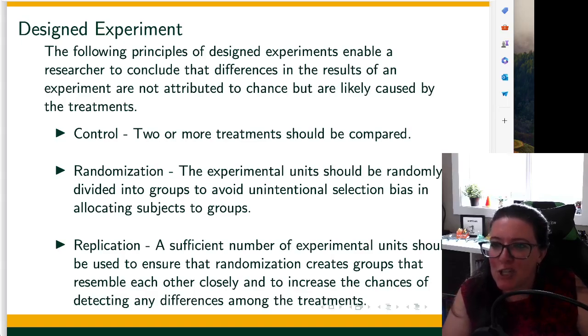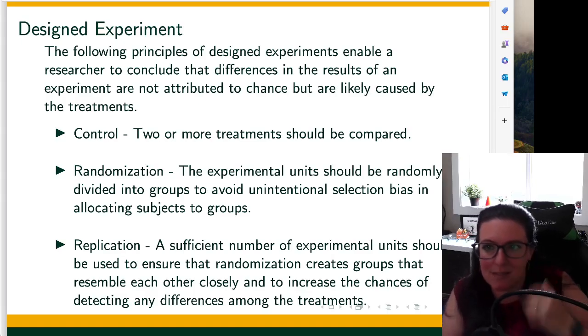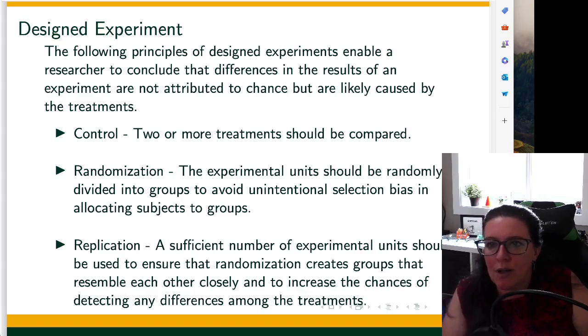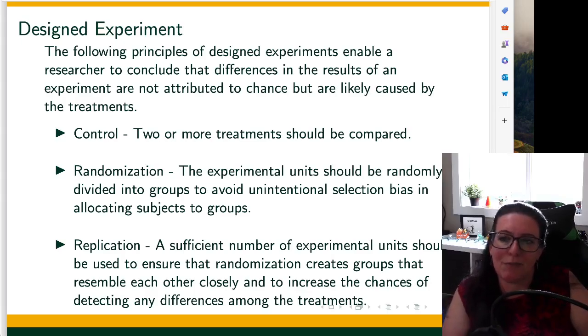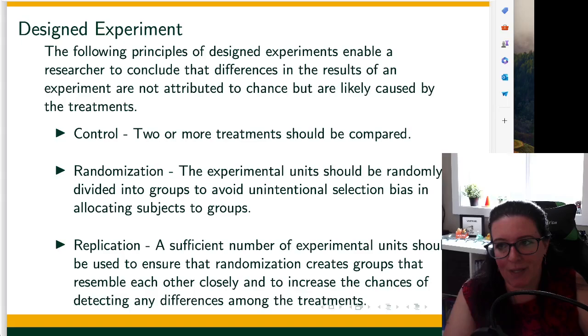So we need a sufficient number of experimental units. So we need enough participants to ensure that the groups resemble each other and that we are then able to actually detect a difference between the treatments and then extrapolate to the greater population.